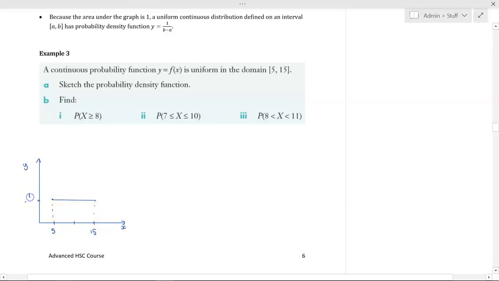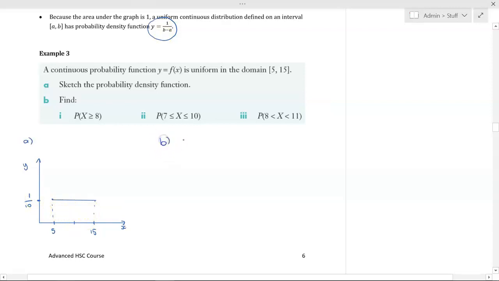So surely this has to be 1/10. And this is what this formula is. If you do b minus a, so 15 minus 5, the probability density function will be 1 over that. So that's fairly easy. You'll get used to that. And then just do a quick little check: does the area of my rectangle equal 1?